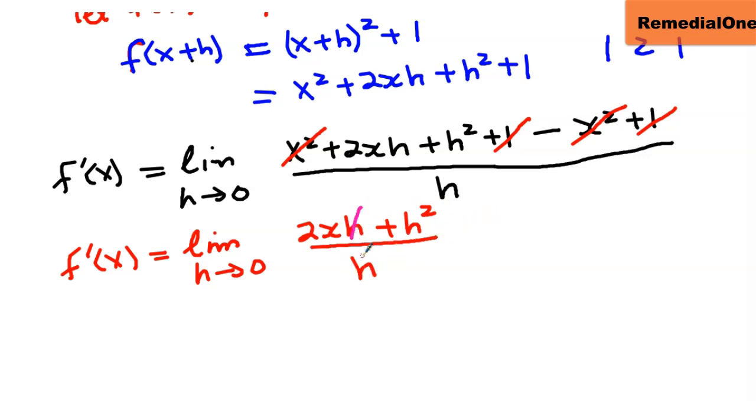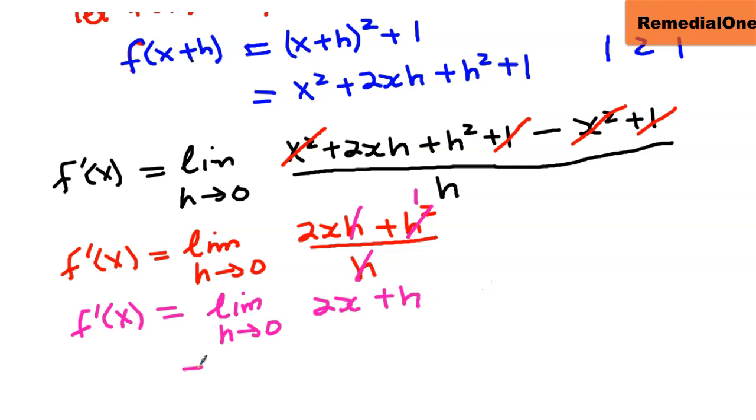So here h, take h away, h reduces to 1, so we got the first derivative of f of x, which is equal to the limit as h tending to 0 of 2x plus h. While we know that the h is turning into 0, so here becomes 0, and then finally we got 2x as a final answer. Awesome.